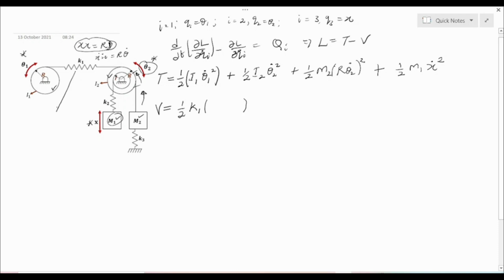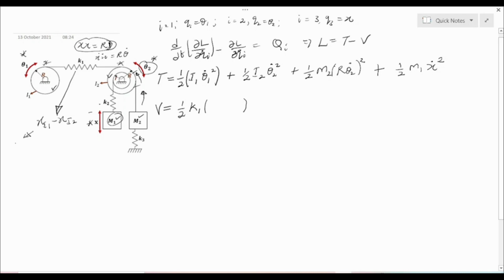Let me quickly illustrate what the displacement of this spring would be per time. Displacement of this spring would be the difference between the displacement of the spring as a result of pulley I1 and pulley I2. So we're going to have displacement of the spring to be, let's say, pulley I1 minus displacement due to pulley I2. And displacement due to pulley I1 is the linear displacement as a result of the rotation of pulley I1.